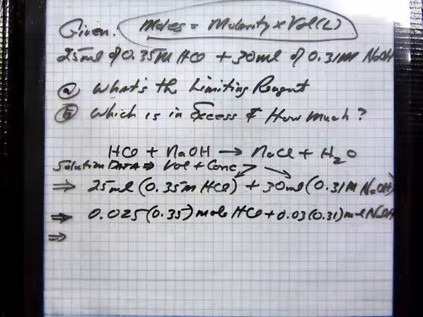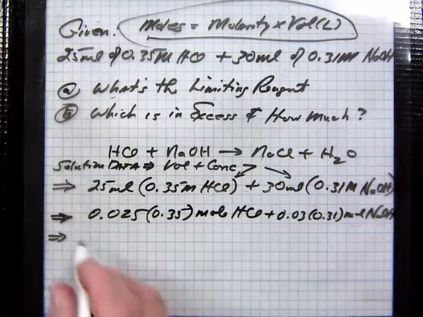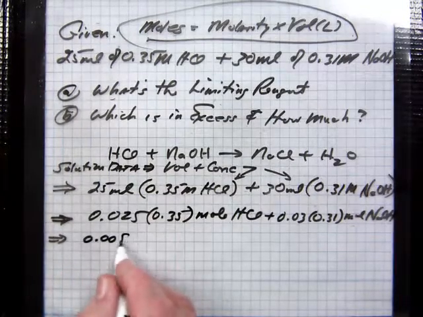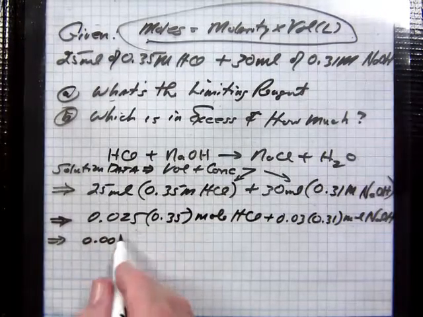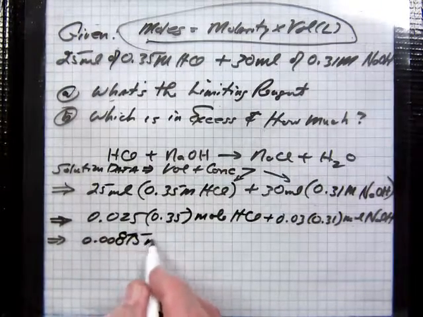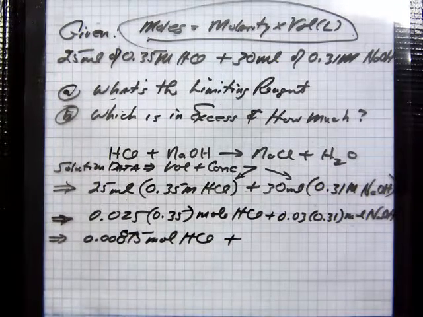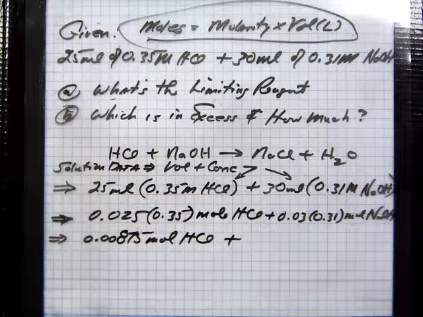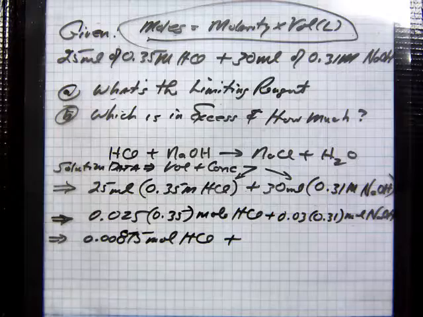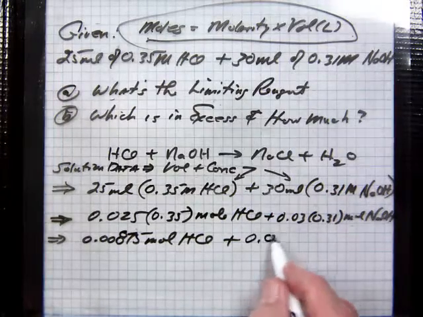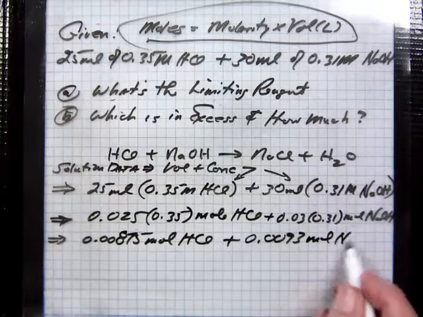0.025 times 0.35 is 0.00875 mole HCl reacting with 0.0093 mole NaOH.